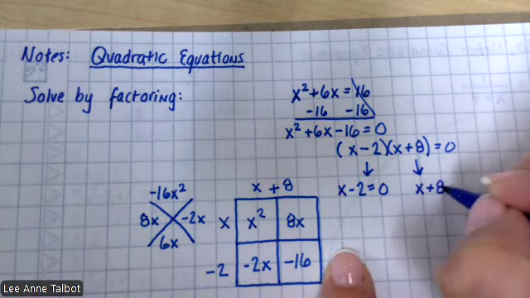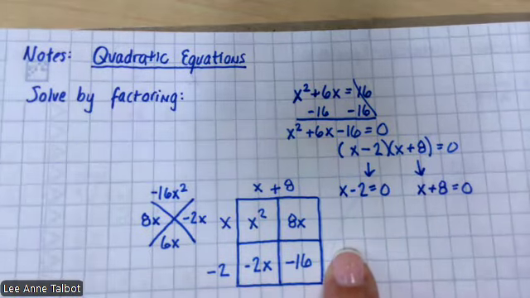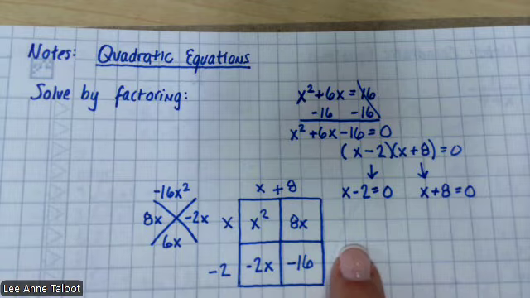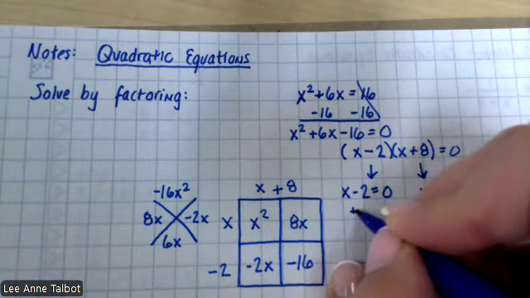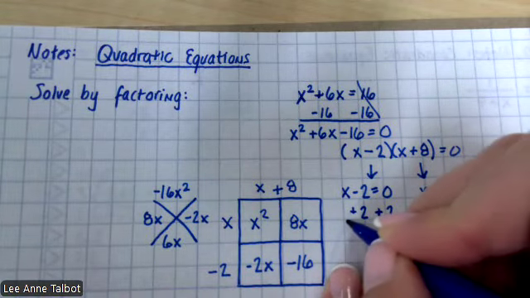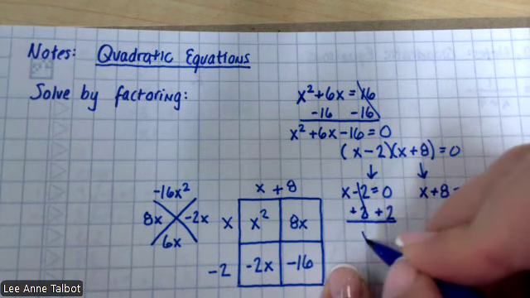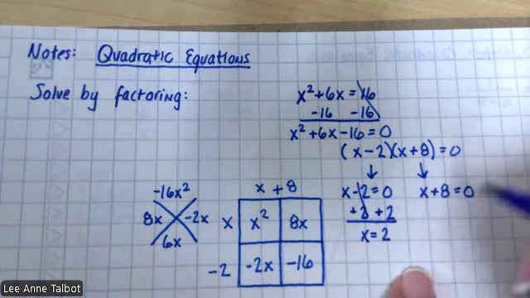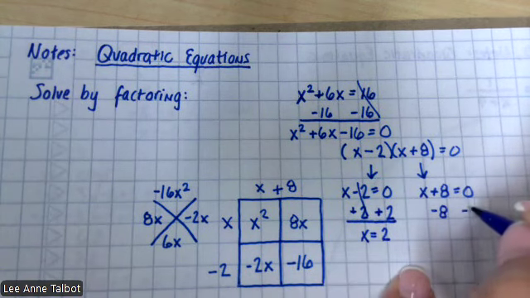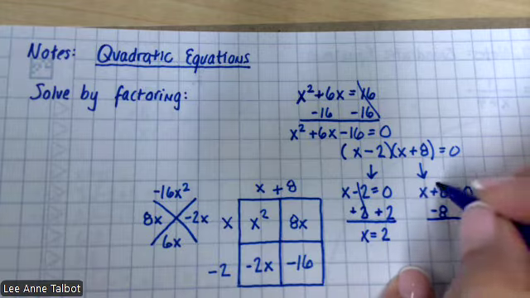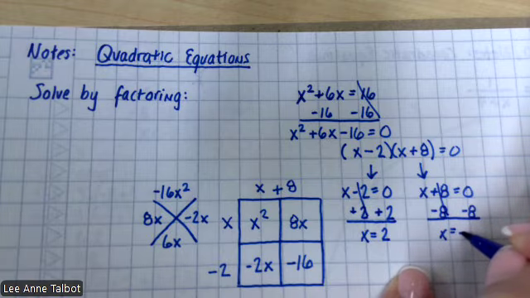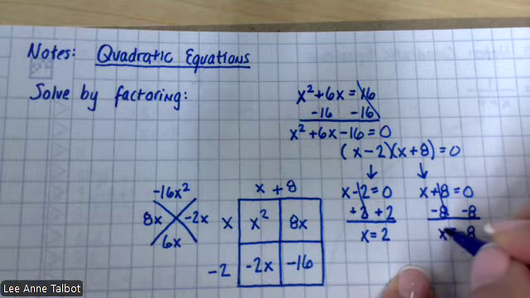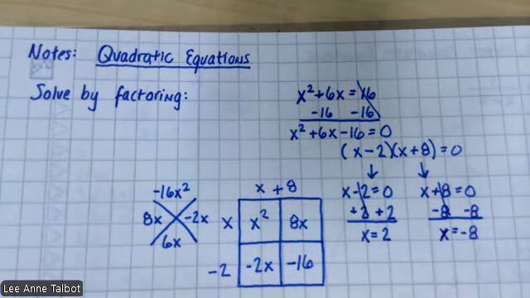X plus 8 equals 0. Plus 2, minus 8. Done.